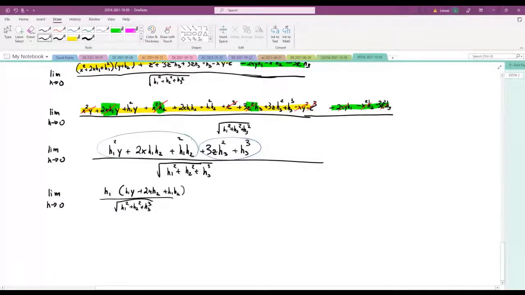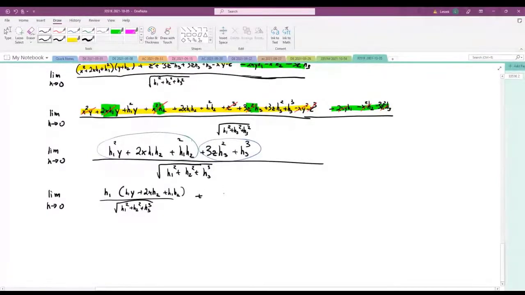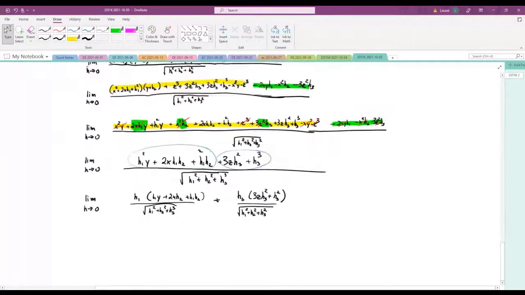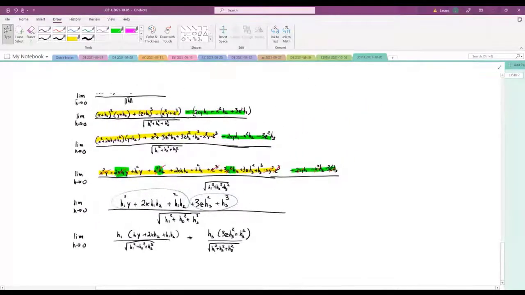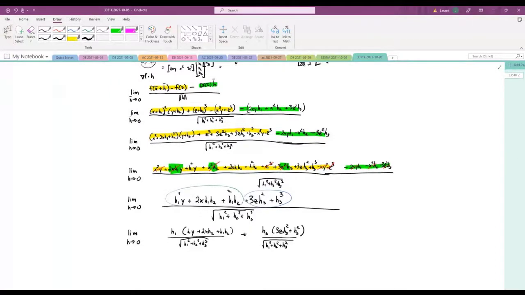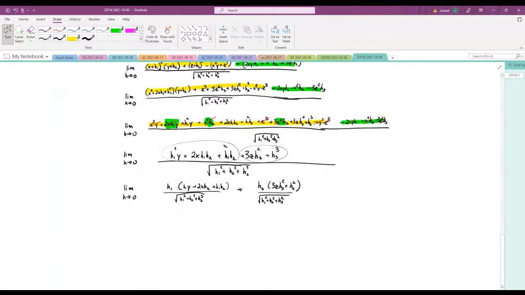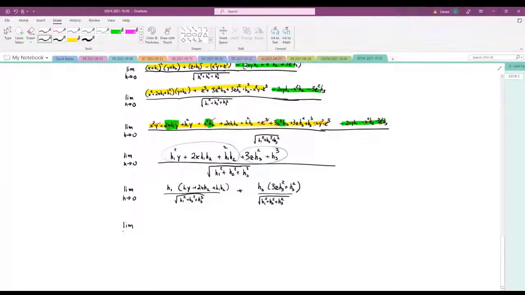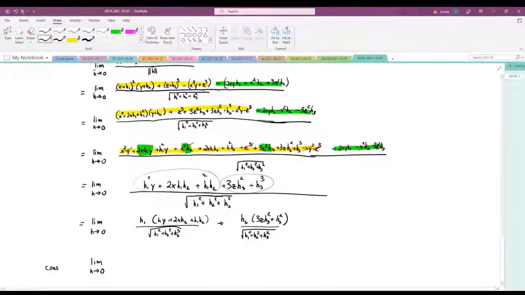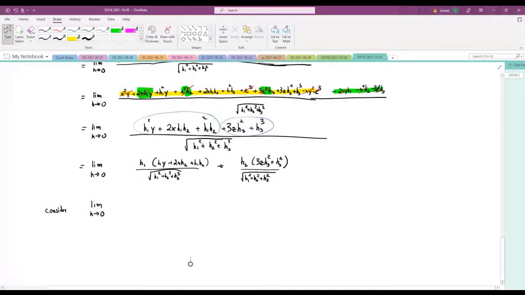Plus, and I'll do the other term, but this time factor out an h3. And technically I can just take the absolute value of this and then apply some sort of squeeze. Okay, so let's just focus on the limit of the first term, or the absolute value, I guess.